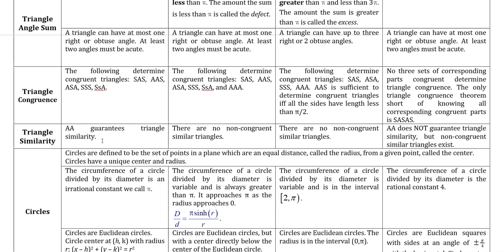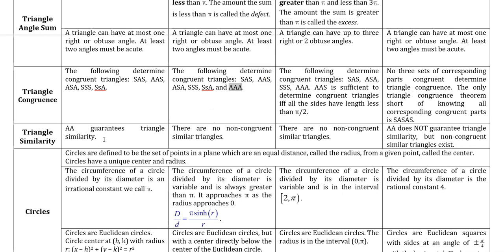Triangle similarity. The angle angle angle condition guarantees triangle similarity. We'll talk about this in a little more detail in our next chapter. But there are no non-congruent similar triangles because AAA is a requirement for similarity.